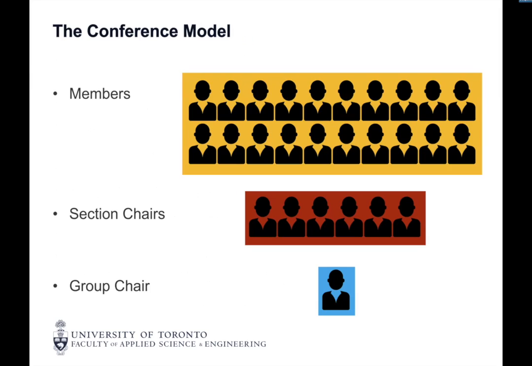So we get different perspectives, diversity in all dimensions, in terms of research area, in terms of stage of career, as well as, of course, gender, race, sexual orientation, and other metrics. Now, a subset of these end up being what we call section chairs, and they help with the deliberation of each of the proposals. And then there's a group chair.